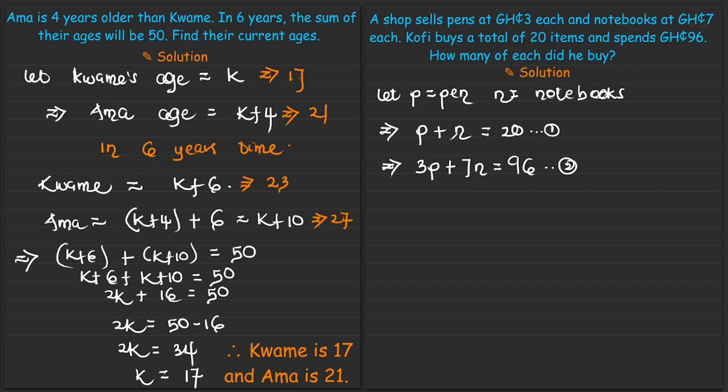So with that, we have 2 equations we want to solve simultaneously. We can either use substitution or elimination, but it is simple if we use substitution.